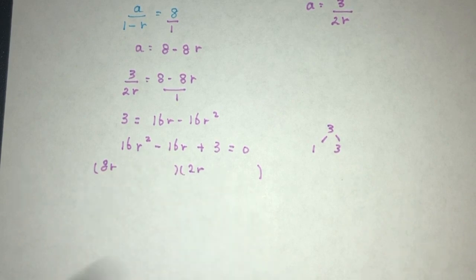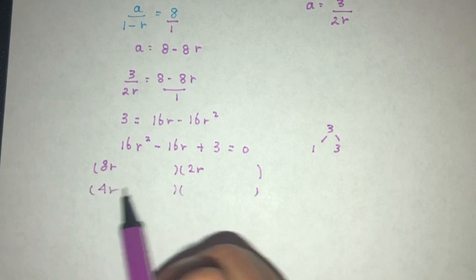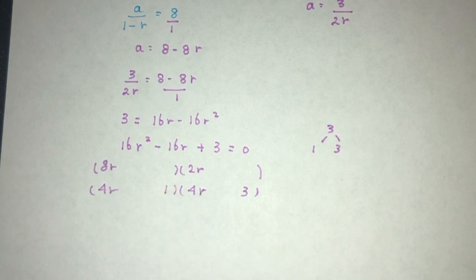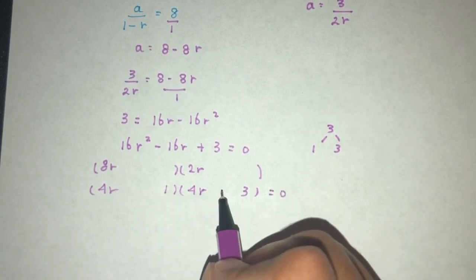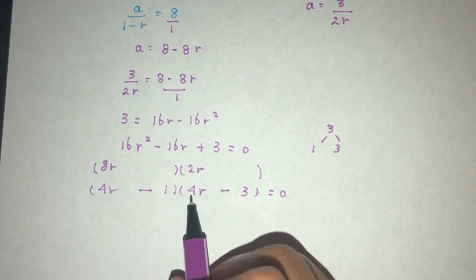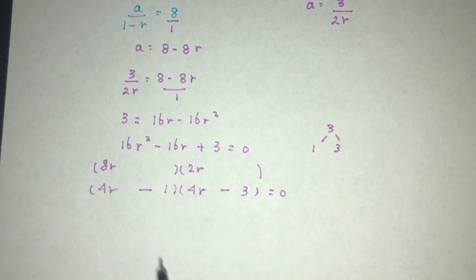If I put 3 here, it will not be good either. So what if I put 4r times 4r, put 3 here and 1 here? It works out. If you put minus here, minus 1 times 4r will be minus 4r, and this minus 12, so minus 4 minus 12 will be minus 16. That is perfect. This is the correct factorization.